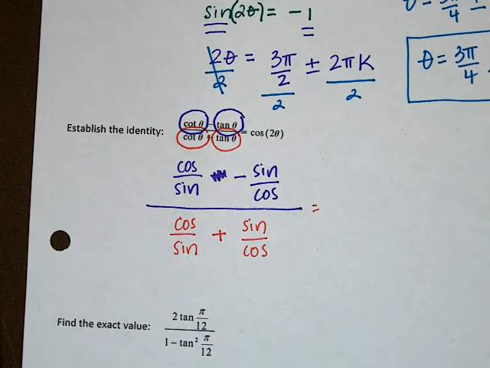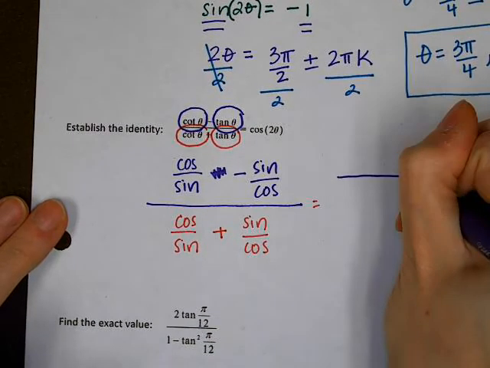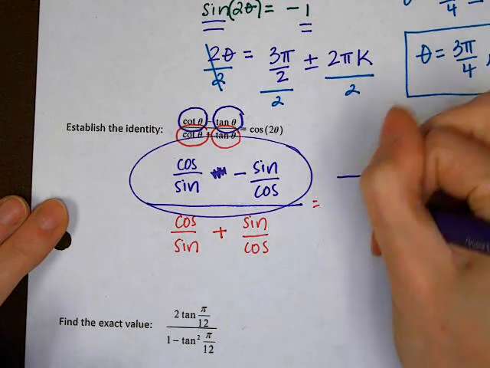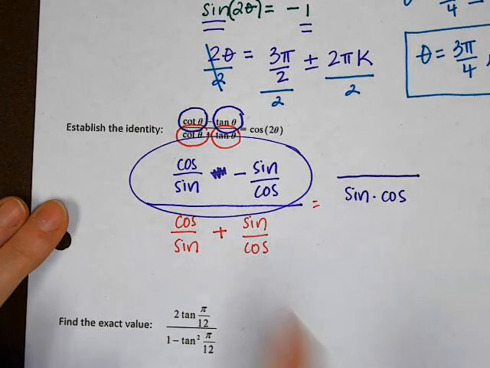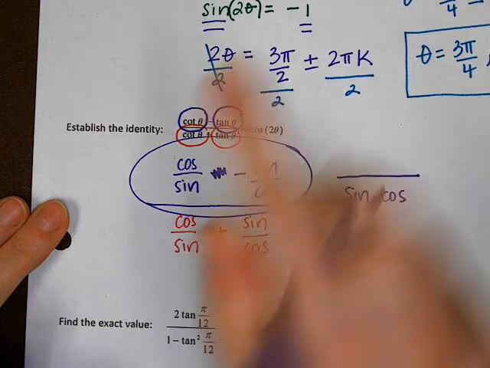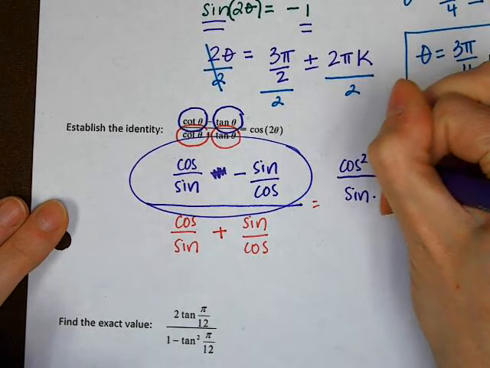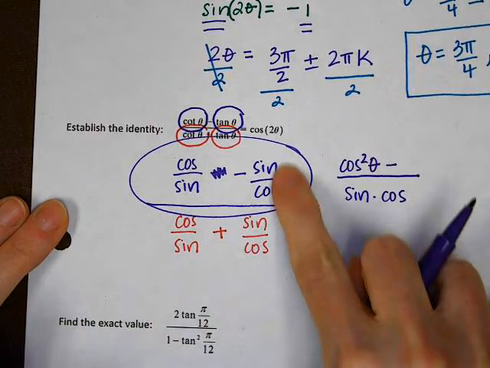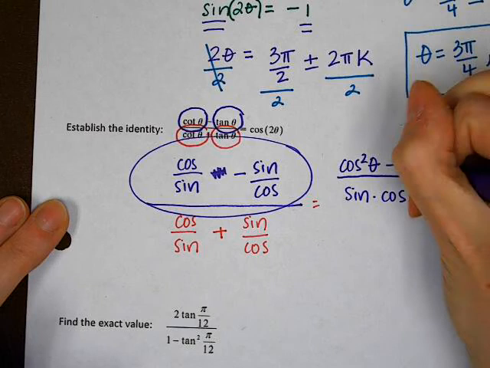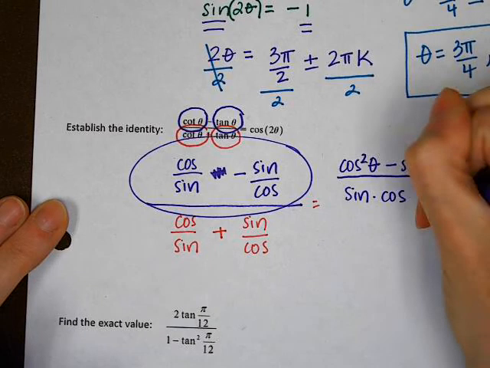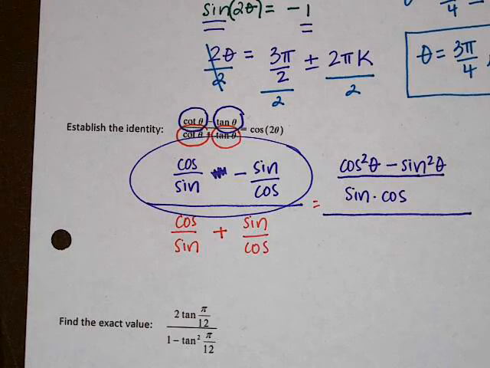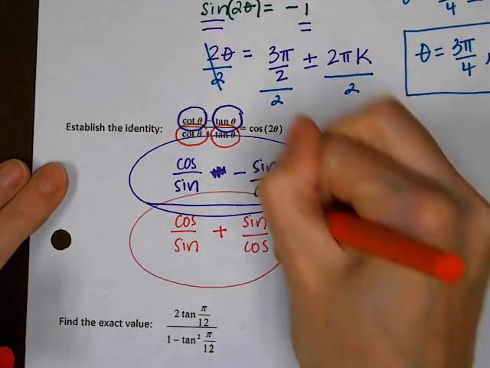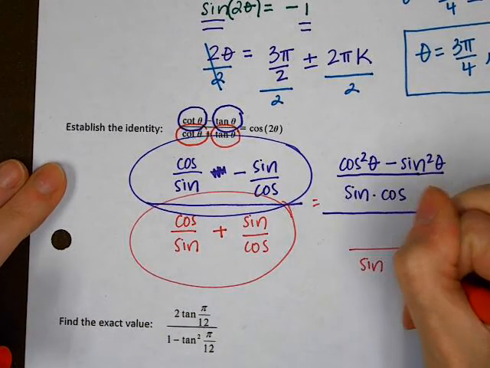Okay, so let's get some common denominators. If we get a common denominator on top of sine, cosine, then this one needs an extra cos, so it becomes cosine squared. And this one needs the sine, so minus sine squared. I'm assuming that you guys know how to get common denominators here. Now this one, common denominator is also going to be sine, cosine.